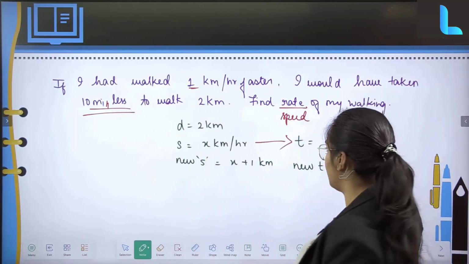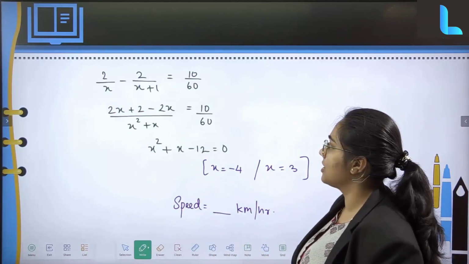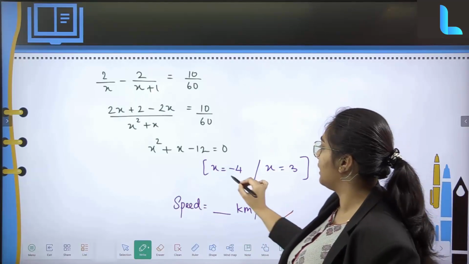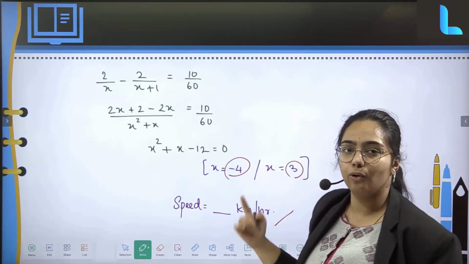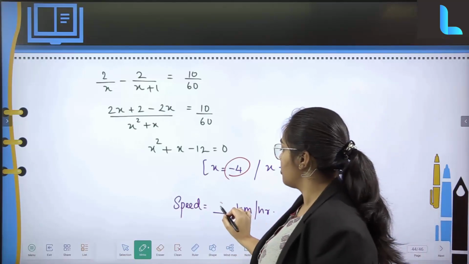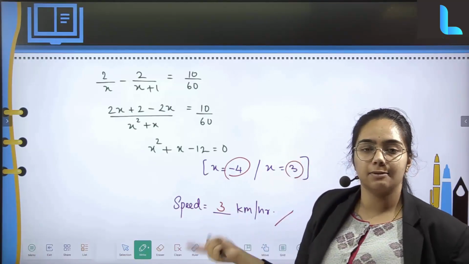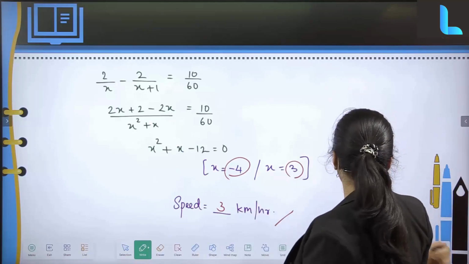So that becomes 10 upon 60. When you solve for it, you will be getting either x is equal to minus 4 or x is equal to plus 3. So the speed cannot be negative, hence speed is going to be 3 kilometer per hour.